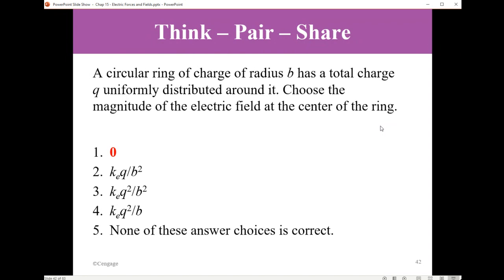The same story repeats for all slices at the circumference of the ring. So from the symmetry, the total field at the center of the ring will be 0.